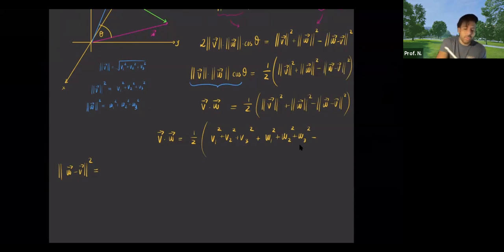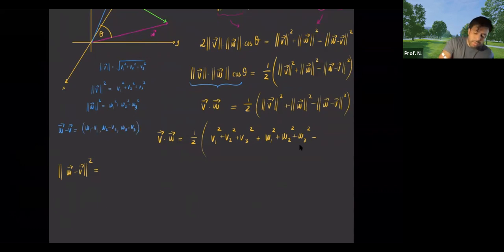So that is W. Well, I think you can write this a little bit clearer. W minus V is W1 minus V1, W2 minus V2, W3 minus V3. But I'm taking the norm squared of that.